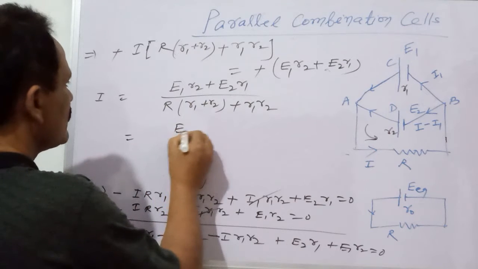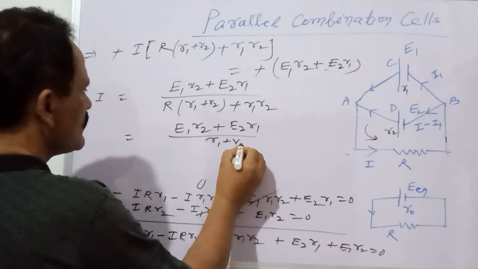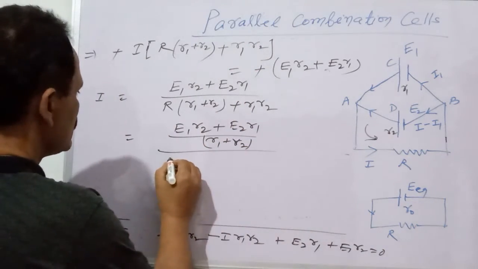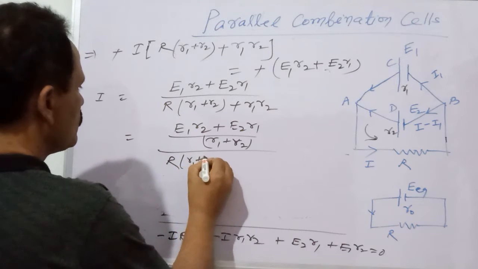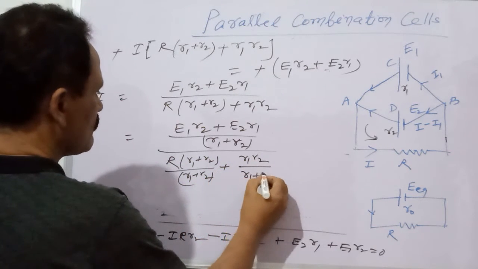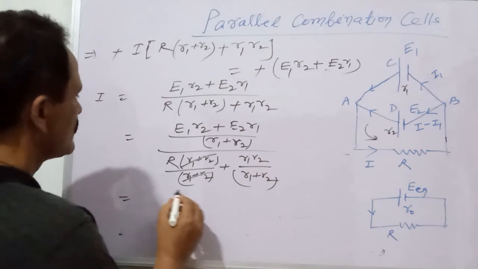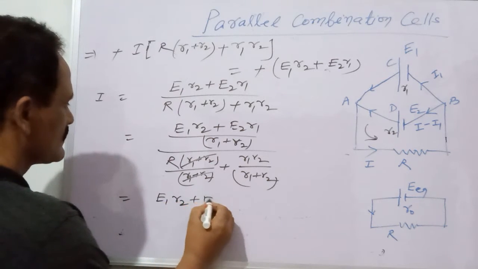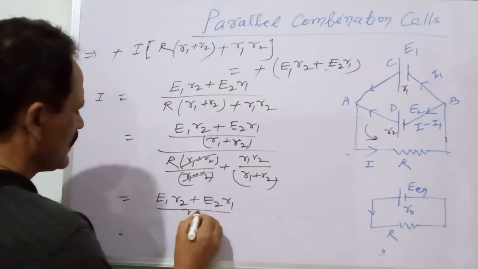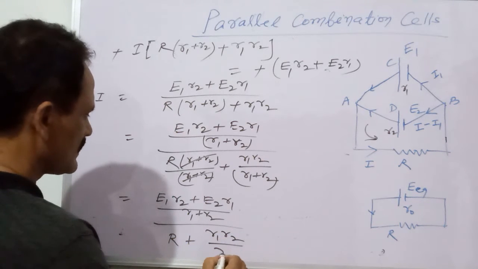Now dividing by R1 plus R2 in numerator as well as denominator, we get R R1 plus R R2 plus R1 R2 divided by R1 plus R2, and hence it is E1 R2 plus E2 R1 divided by R1 plus R2, divided by R plus R1 R2 by R1 plus R2.